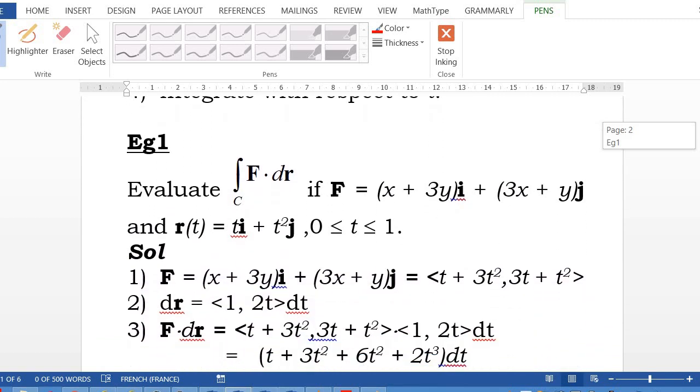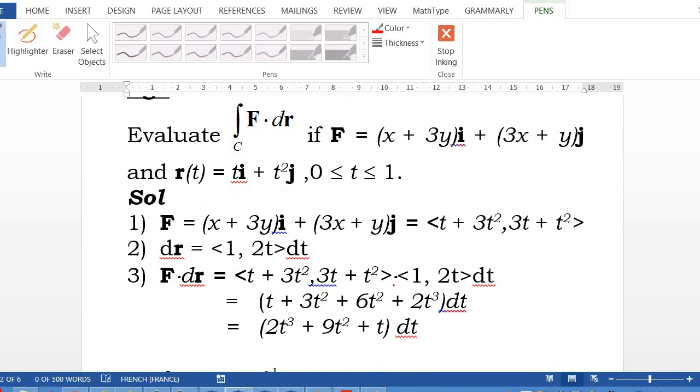For example 1, evaluate the line integral F dot dr along the curve C, given the vector field F equal to (x plus 3y)i plus (3x plus y)j, and r(t) is t i plus t squared j, where t goes from 0 to 1.